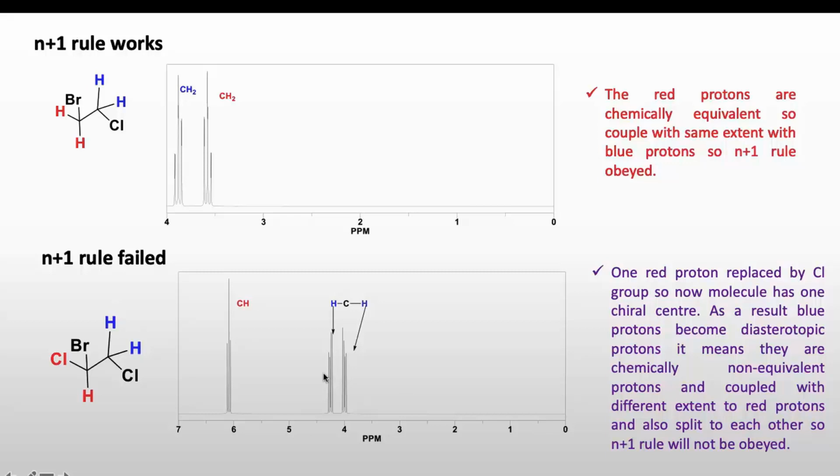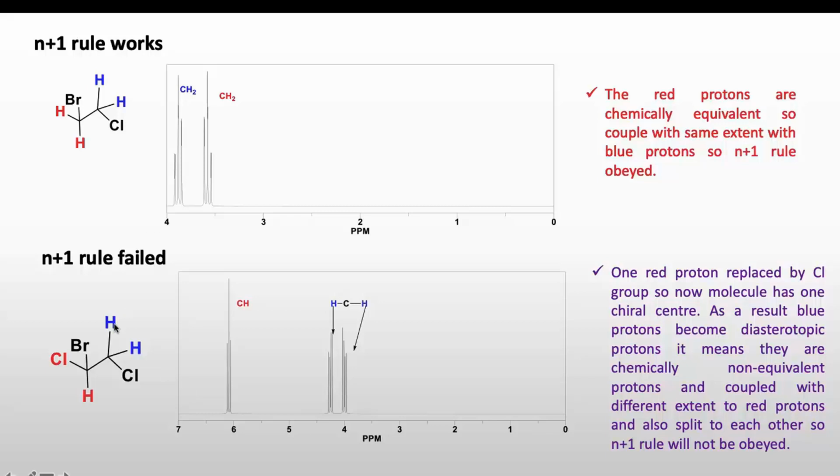As you can see in this spectrum, these blue protons give signals at two different chemical shift values, meaning they are chemically non-equivalent protons. So they will couple with each other also. Here the n+1 rule will not work, because these two blue protons will split this red proton to a different extent. We have to apply the tree diagram as we have applied in previous slides.